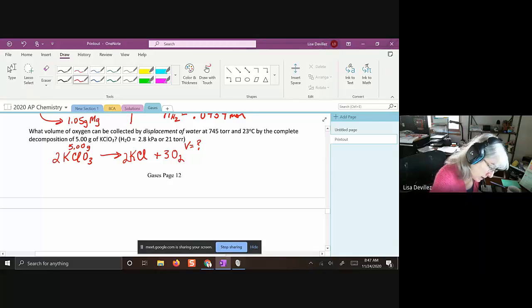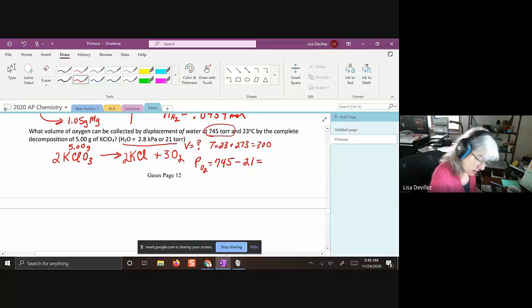Let's see, temperature is 23 plus 273, so it's going to be 300. The pressure of my oxygen: this is my total pressure, so 745 minus my water vapor pressure, which is 21 torr.